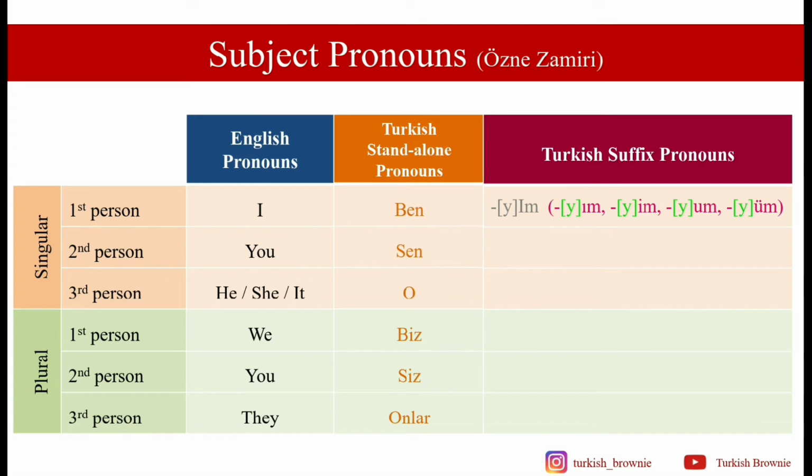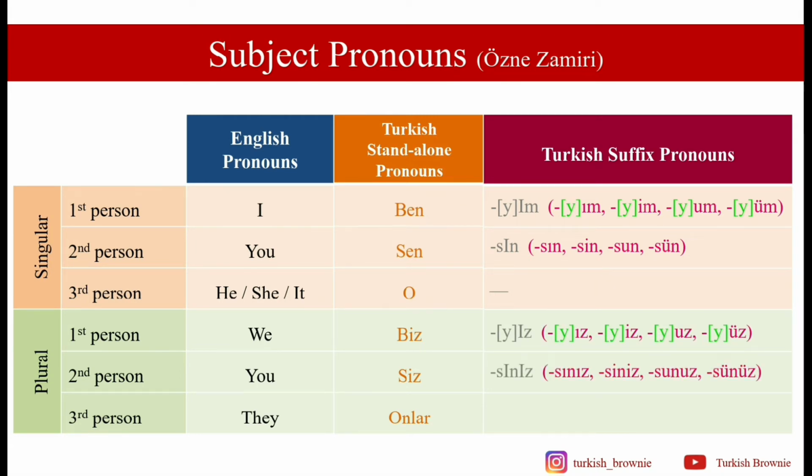And for sen, it is sin, sin, sun, sun. For o, there is no suffix. For biz, it is iz, uz, uz.